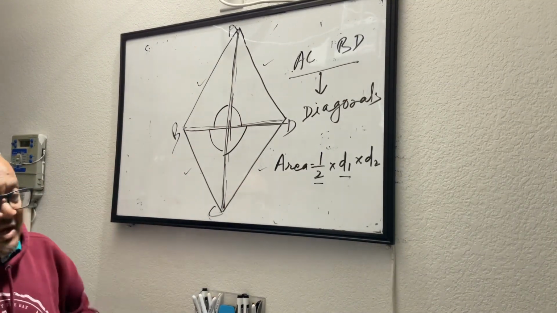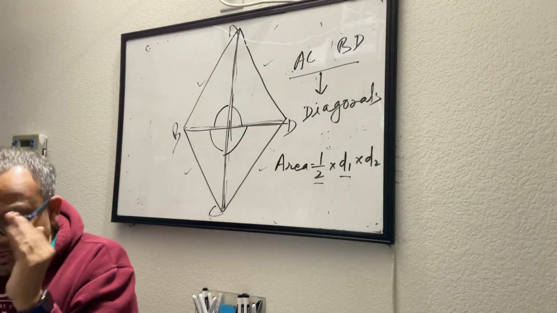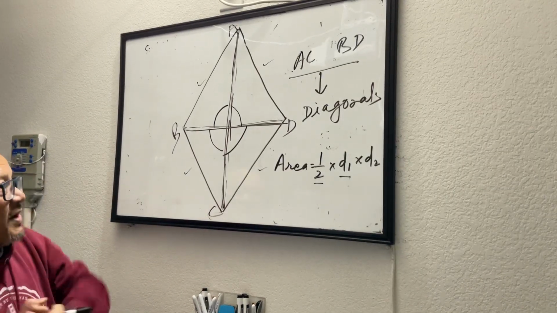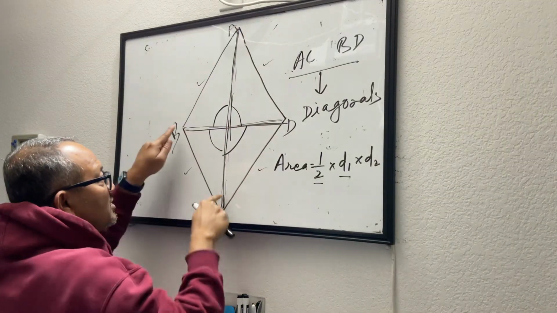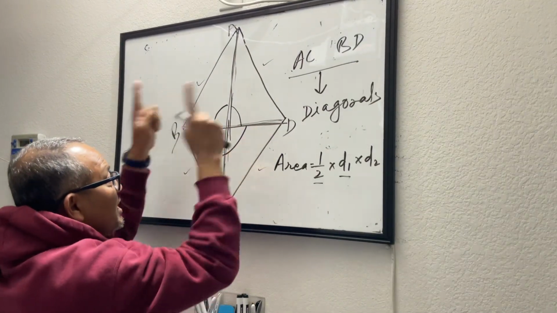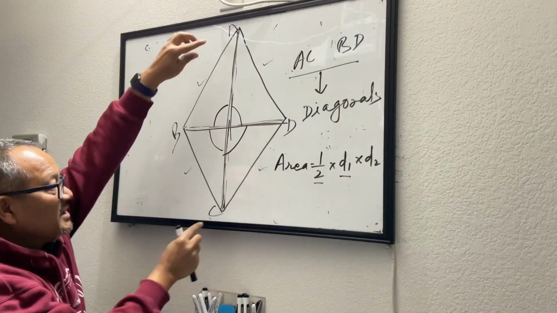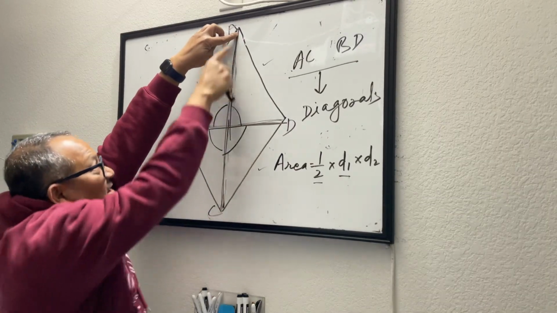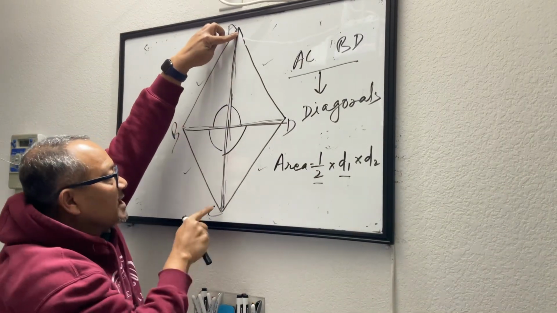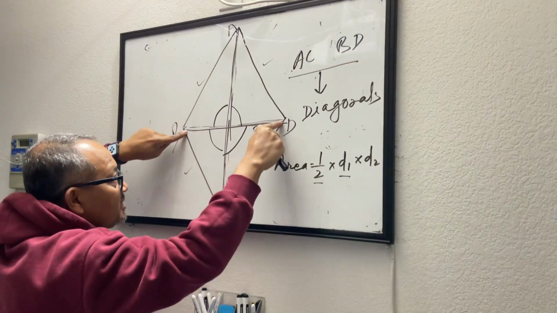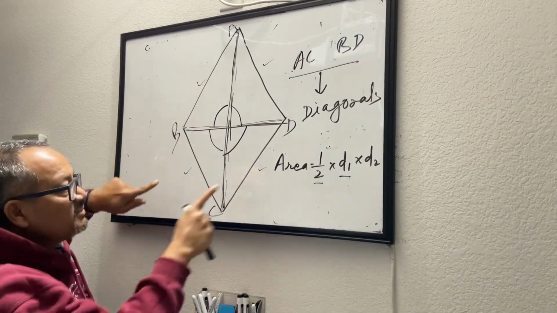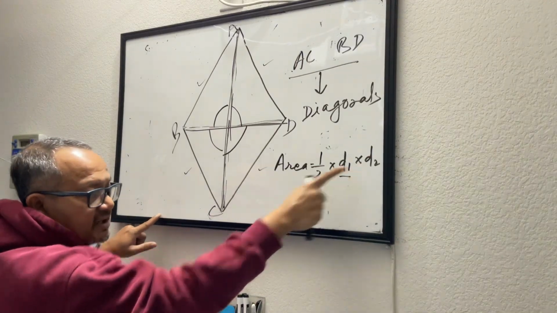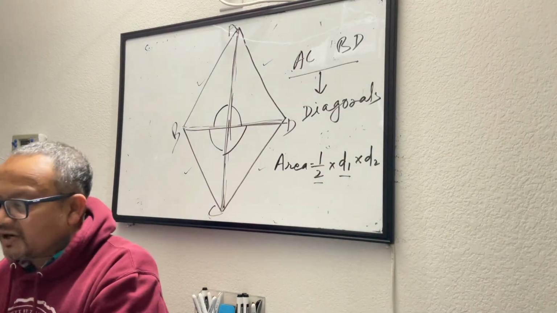But for finding the area of a rhombus, there is a little bit of information that you need to be aware of, which is that if you have a rhombus, if you join the 2 opposite corners, it breaks this into 4 equal triangles, and the lines that join the 2 opposite corners are called diagonals. So this is one diagonal, this is another diagonal. So the area of this will be half times diagonal 1 times diagonal 2, or diagonal 1 times diagonal 2 divided by 2. Yeah?